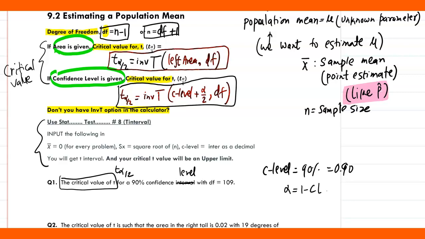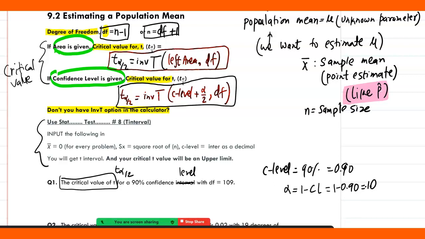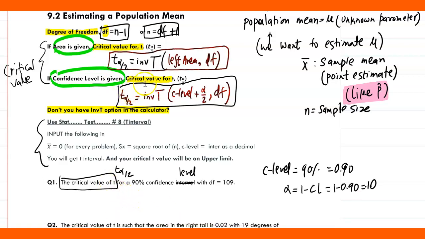Do you remember from chapter 9, section 9.1? 1 minus 0.90 equals 0.10, right? That's the alpha. Now to find the critical value, you have to use this second function. Let's put that in the calculator.